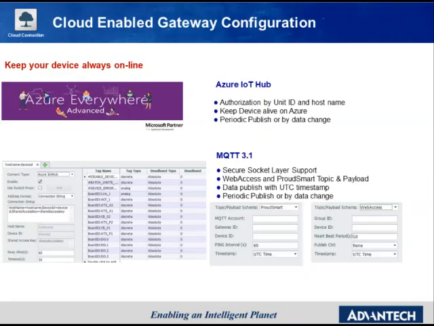Besides protocol-based support, we also support different cloud service functions, such as Agile IoT Hub and MQTT, to allow the customer to send their data to an existing cloud service with ease. For the detailed settings of how to use these protocols with EdgeLink, we will introduce the steps in the following module.